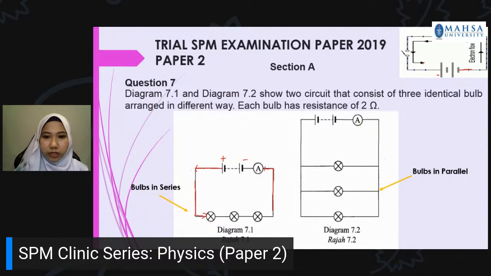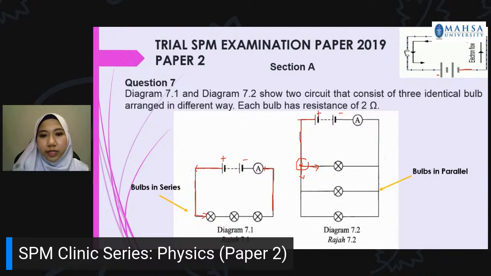Now go back to the question. How about diagram 7.2? Again, positive terminal here, negative terminal here. Remember that your current always goes from the positive terminal to the negative terminal. So what happens to the current at the junction here?